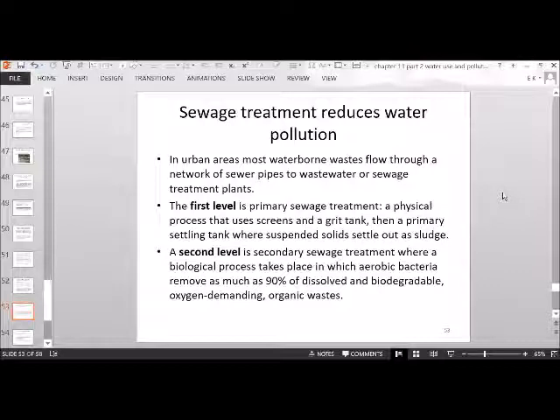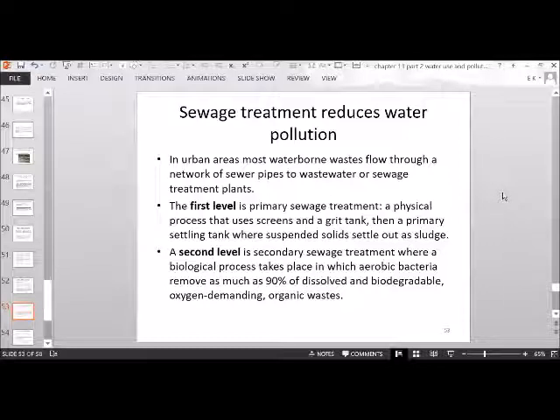The first level is primary sewage treatment, and that is a physical process that uses screens and a grit tank and then a settling tank where suspended solids settle out as sludge. So the first level of sewage treatment is removing solid materials from the sewage water.